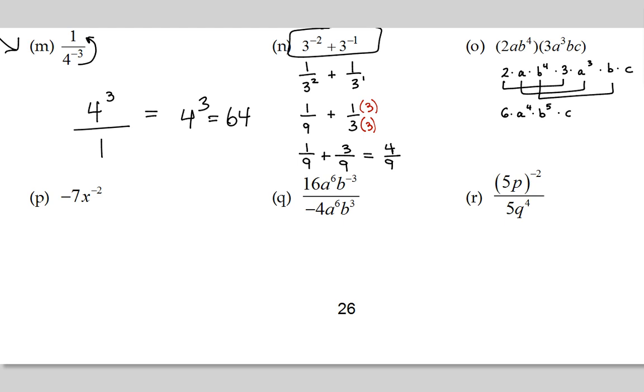Alright, so again, similar, there's like a little separation in your mind between the coefficient and the power on x. I would leave the -7 on the numerator and take the x to the bottom, because that power -2 is only on the x.